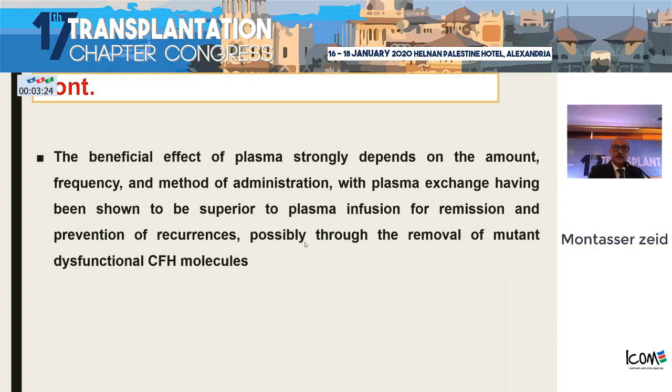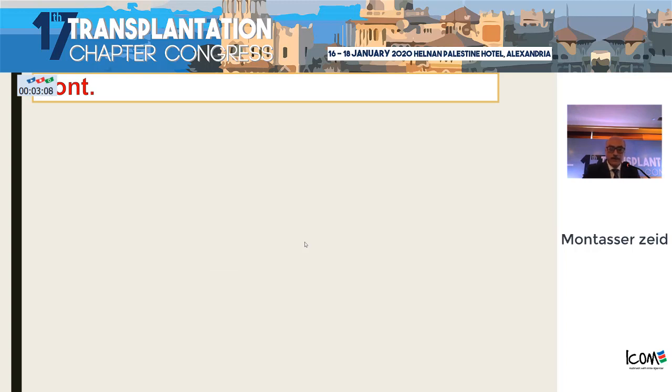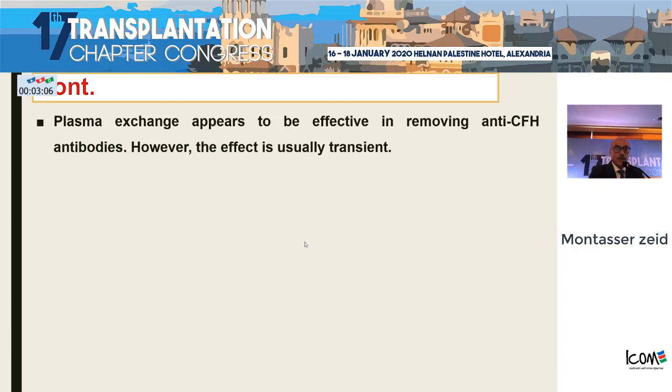The beneficial effect of plasma strongly depends on the amount, frequency, and method of administration, with plasma exchange shown to be superior to plasma infusion for remission and prevention of recurrence, possibly through the removal of mutant dysfunctional complement factor H.